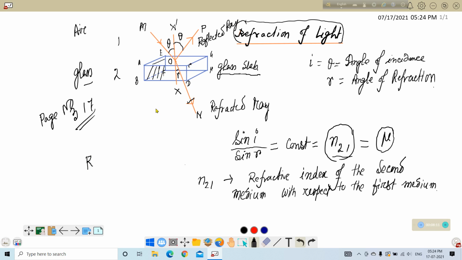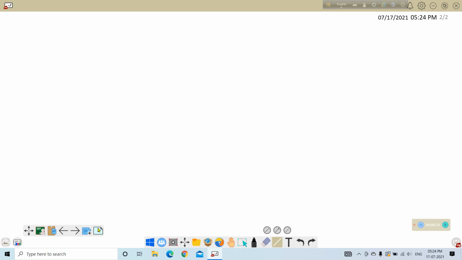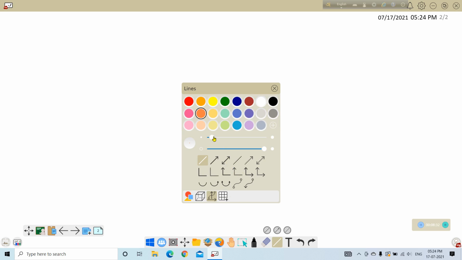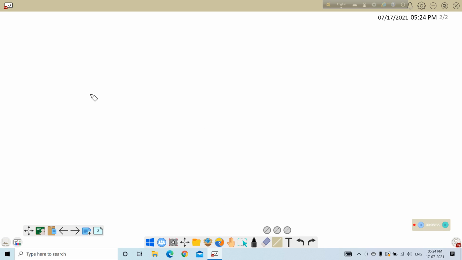That means the extent of bending. Suppose this is the separating line between two media.